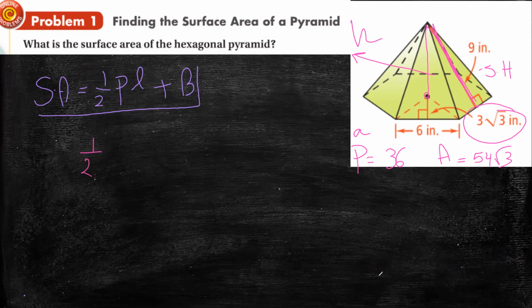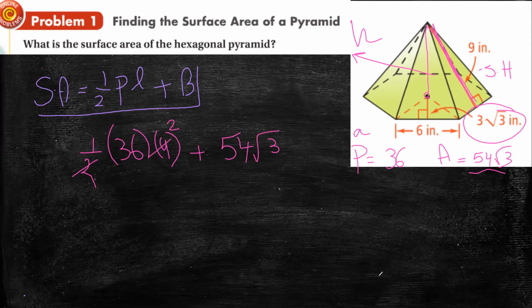Let's substitute now. What is the perimeter? We found it, it is 36, times the slant height, which is 9, plus the area of the base. What is the area of the base? 54 square root of 3, yes. So it is 72 plus 54 square root of 3.